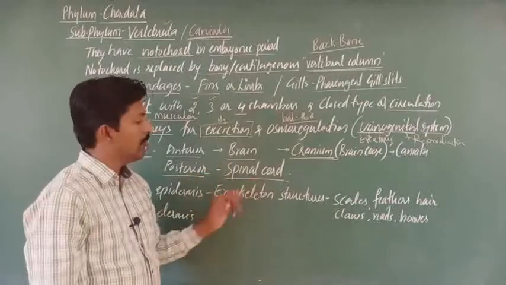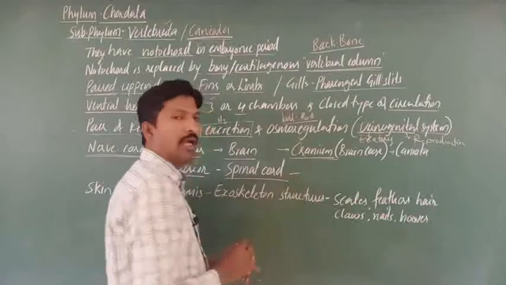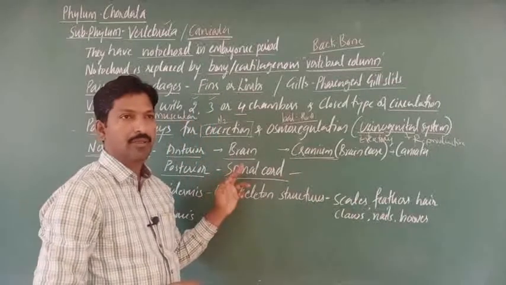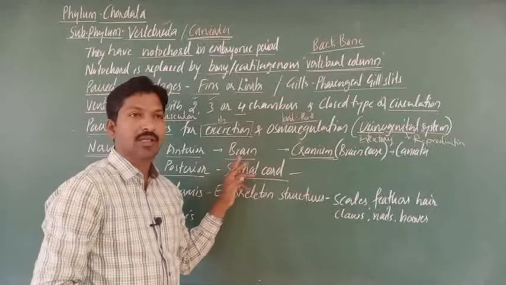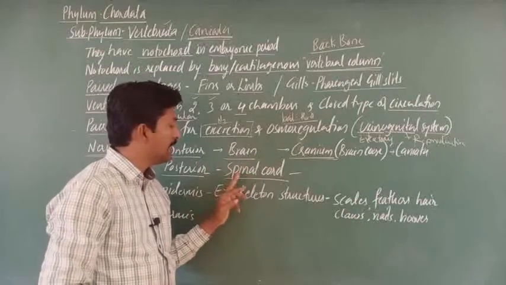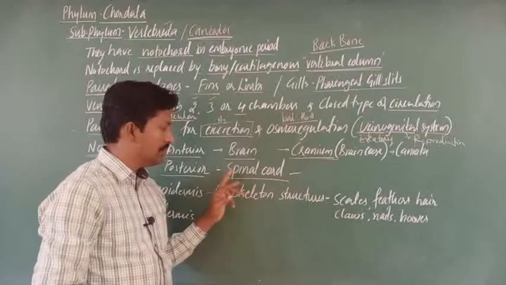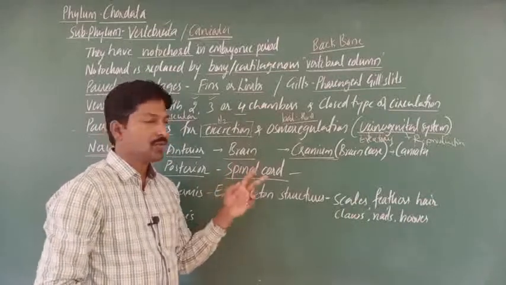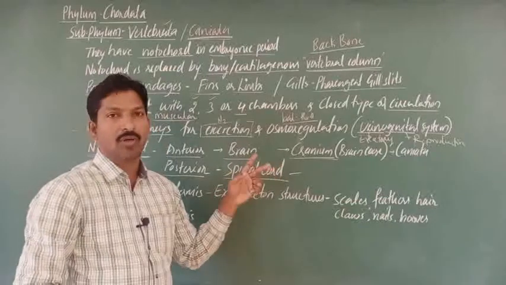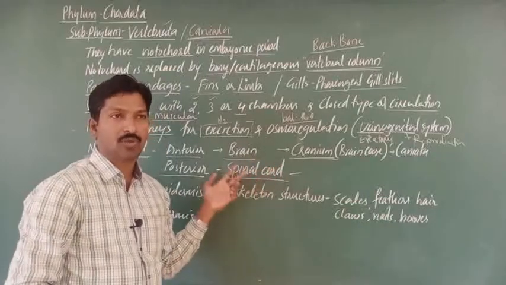The nerves which arise from the spinal cord are called spinal nerves, right. In this way, two kinds of peripheral nervous system are formed, right.